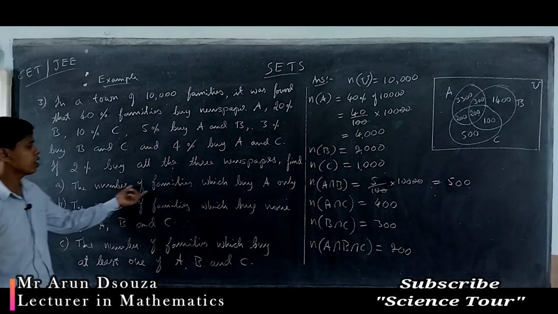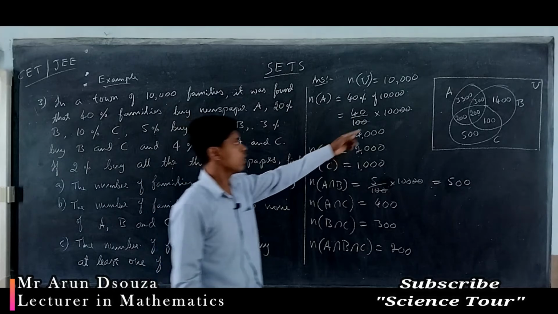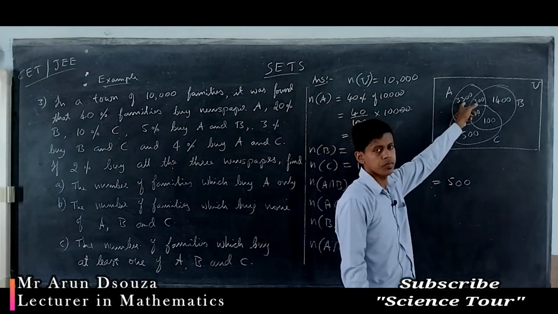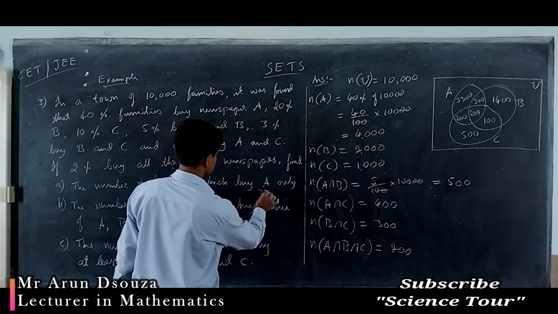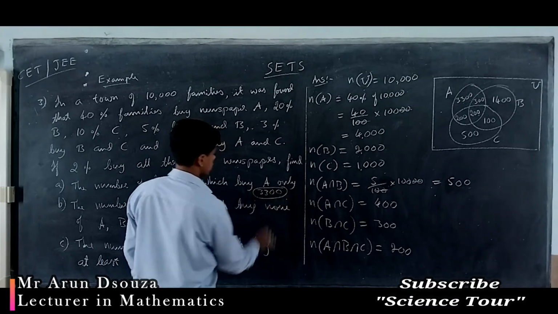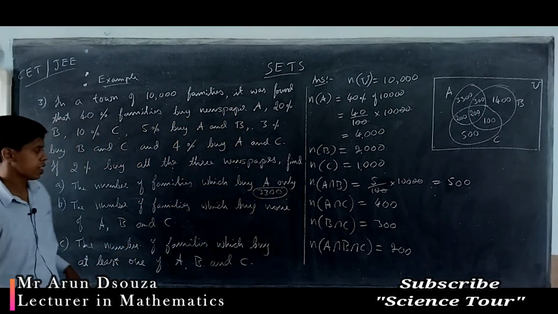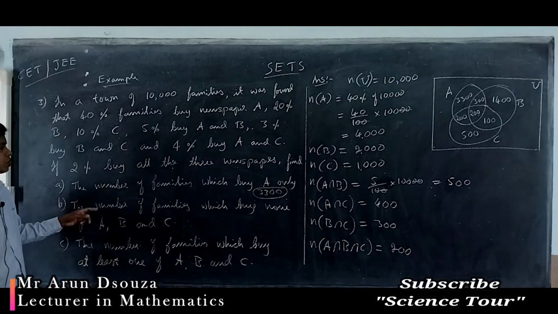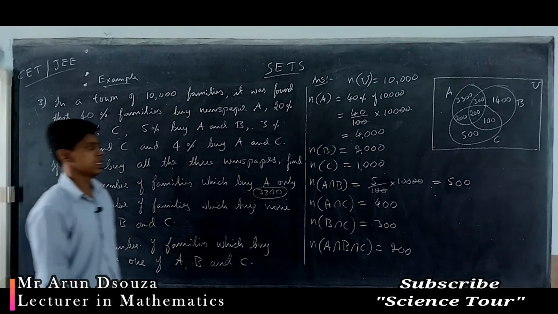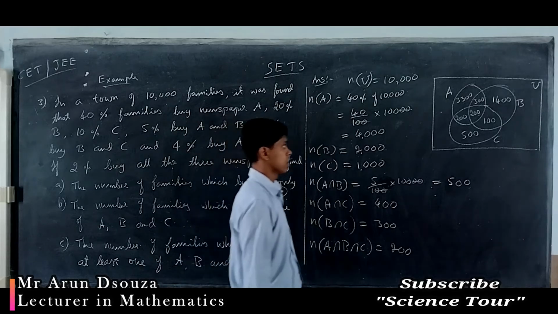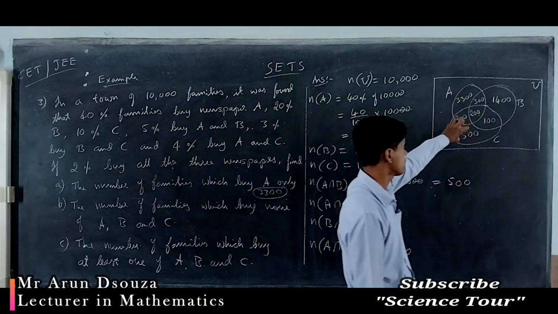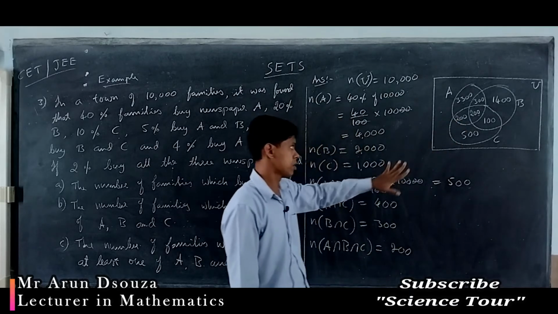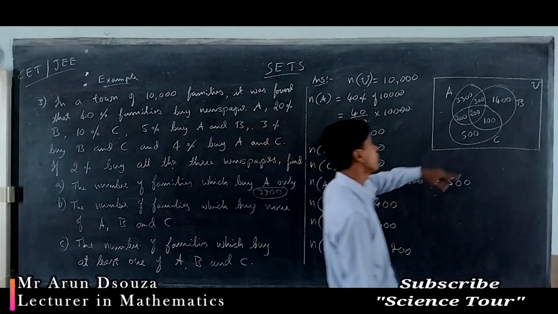Okay. So the number of families which buy A only is 3,300. First answer. This is 3,300 directly from the Venn diagram. Then the number of families which buy none of A, B, C. Now if you have the union of all these things, you will get a number. How do you find that? Add everything.